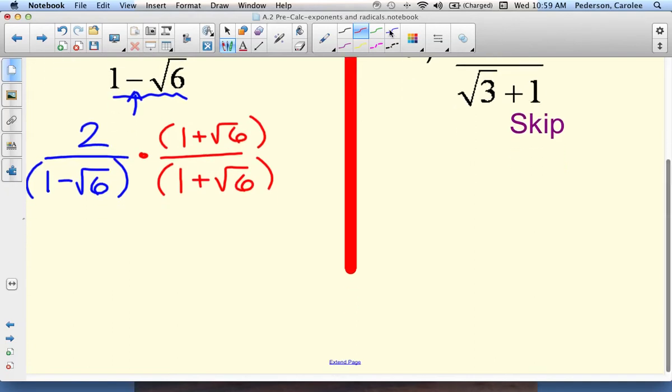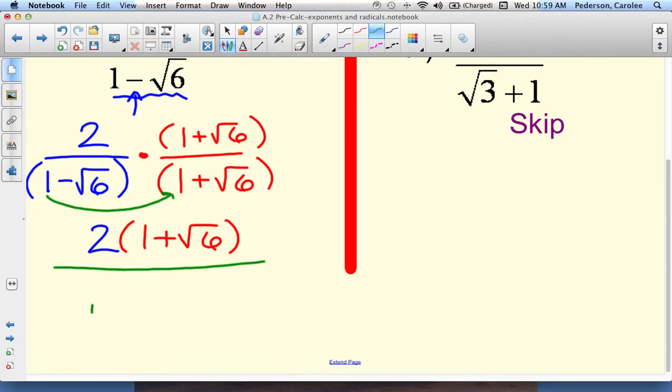So I'm going to leave the numerator alone for right now. I'm not going to distribute that 2 through. But my denominator, I have to FOIL. So to FOIL, I do first, 1 times 1 is 1. And outside, 1 times the square root of 6 is 1 square root of 6.